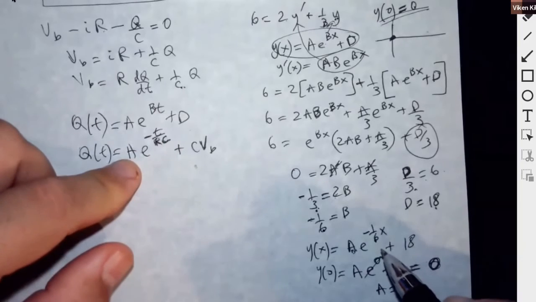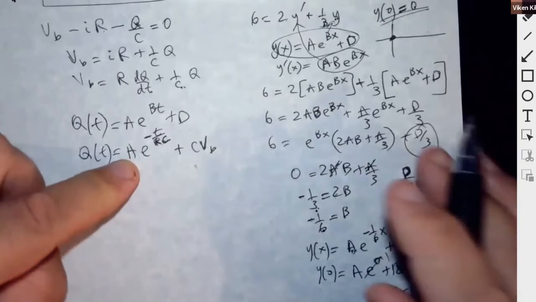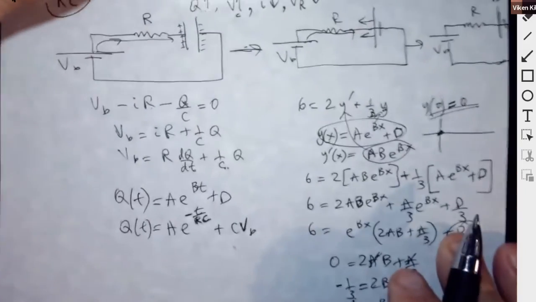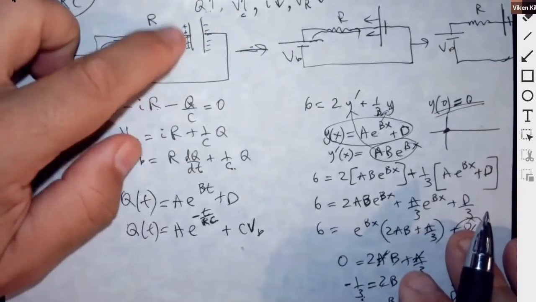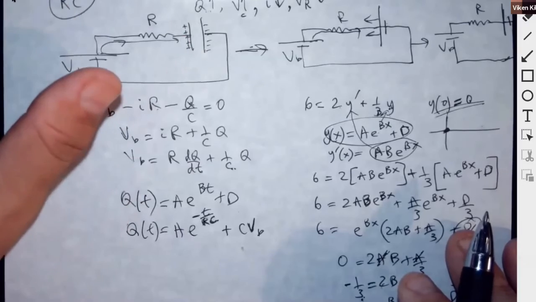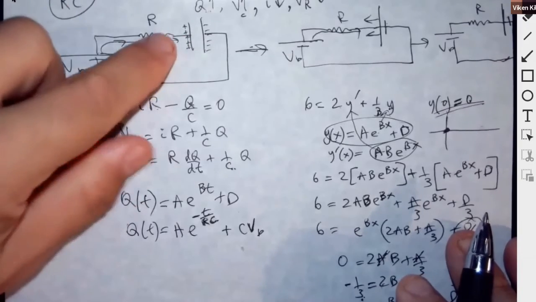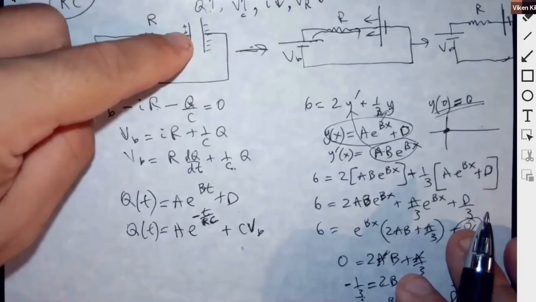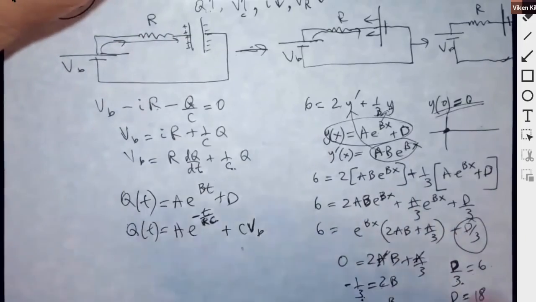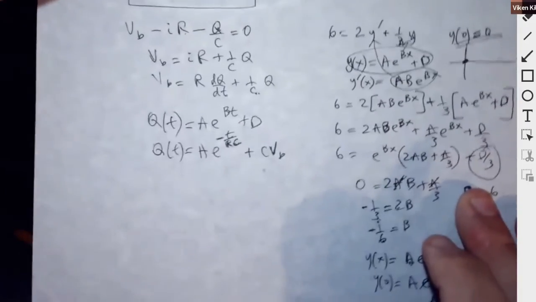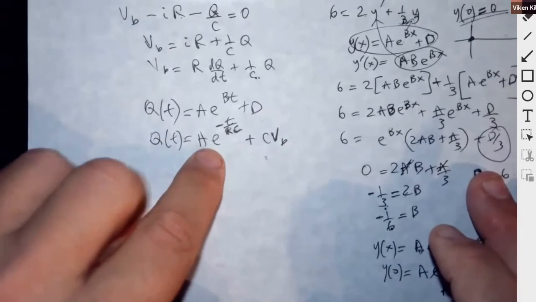Now the A will depend on the initial condition. So let's just take our default circuit to be a capacitor that is uncharged. Although I could show you what would happen if it was charged initially. So let's see here.